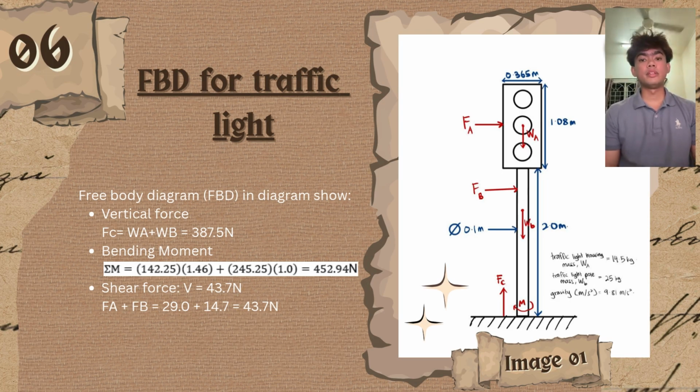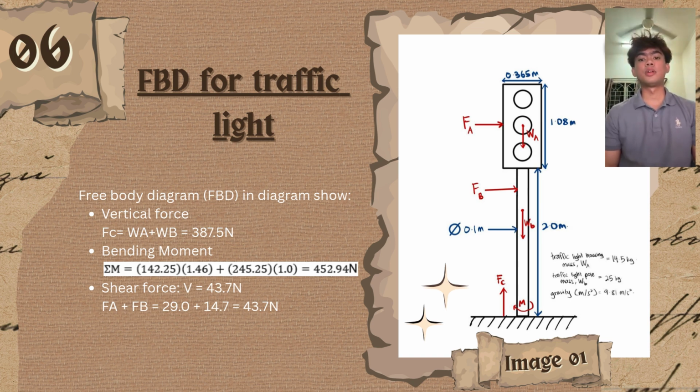For the FBD, the structure consists of a vertical pole that is fixed to the ground, supporting the weight of the traffic light housing and the pole itself. Horizontal wind forces act on the surface area of the traffic light housing and the pole.